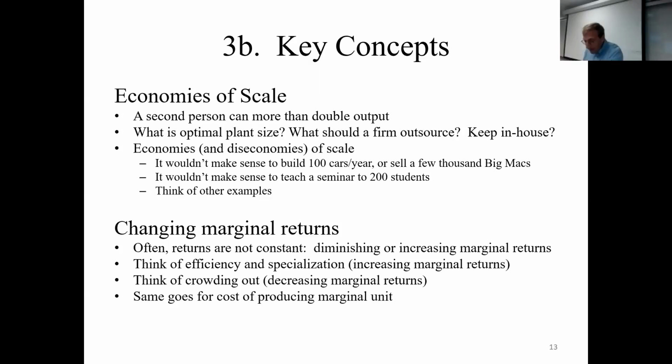All right, the next concept we've got is similar to this. It's the concept of changing marginal returns. Each worker is going to make a different contribution compared to the other workers, not because of identity, better workers versus worse workers, but even if you take 100 equal workers, they're all just as good, they're all just as trained, each worker is going to have a different impact on production based on the number that person has.